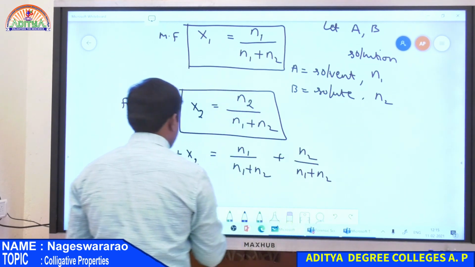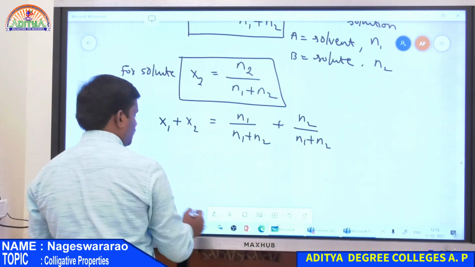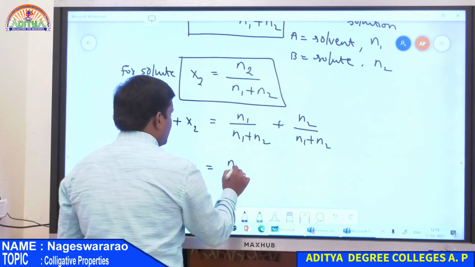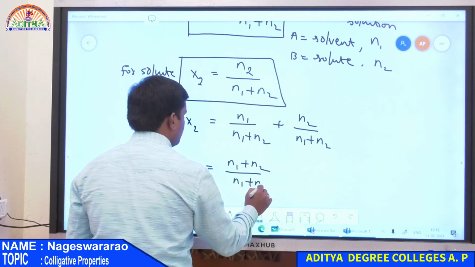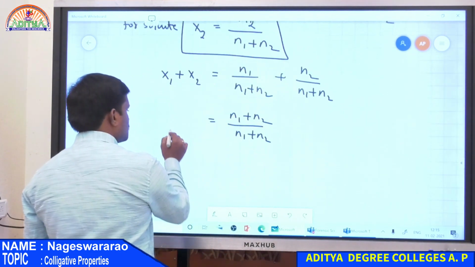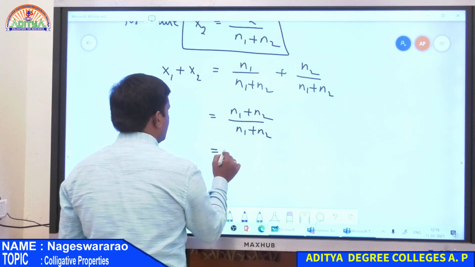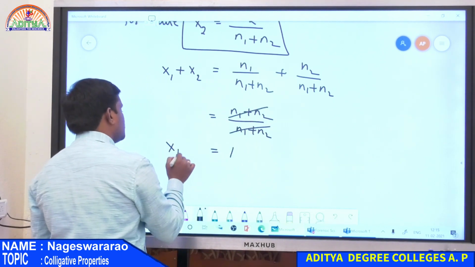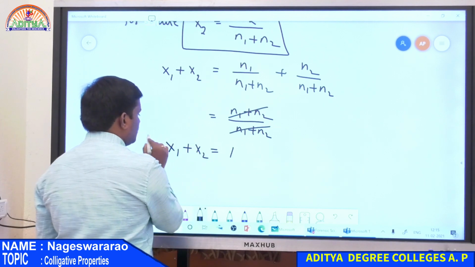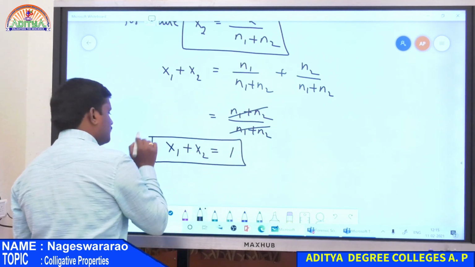Both have the same denominator, therefore it is equal to N1 plus N2 by N1 plus N2, both get cancelled and finally this is equal to 1. Therefore, X1 plus X2 is always equal to 1.